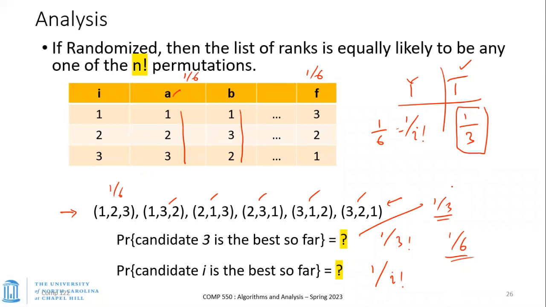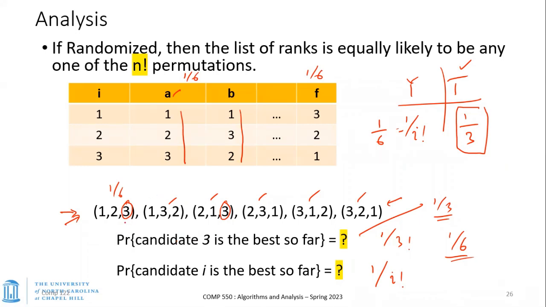2/6, right? So I think now we're sort of converging. And if you just look at this, how can you use this to confirm what Thomas is saying is correct? So you're basically saying there are 2 possible equally probable scenarios where candidate number 3 is the best.